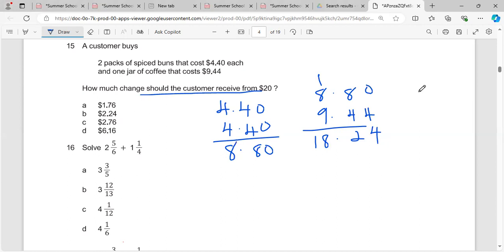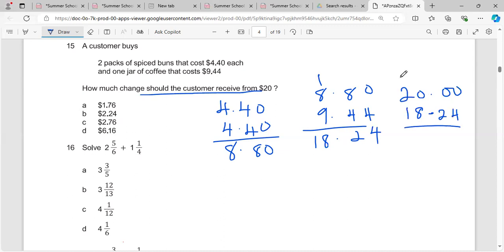So you put your $20 and you subtract $18.24 from it. Or you could have added each one of these numbers and seen which one gets you from $18.24 to $20. You could have done that as well.